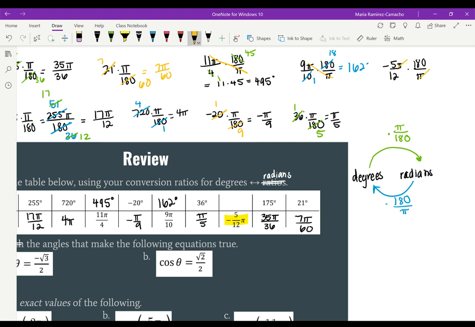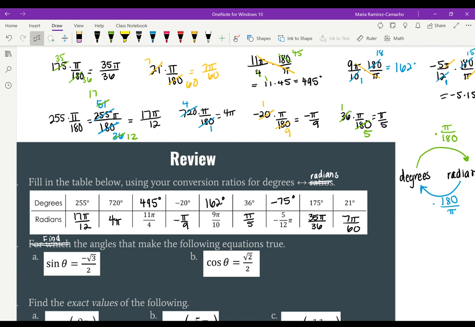Your pi's cancel out. 12 goes into 180 15 times. 12 goes into 12 once. So this is negative 5 times 15, which is negative 75. Negative 75 degrees. And that's everything. That's our whole table.